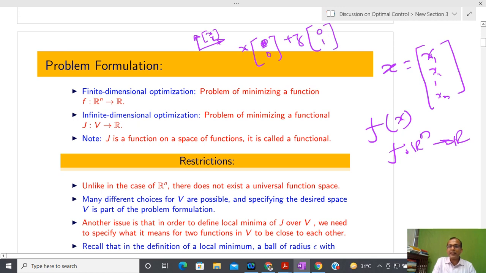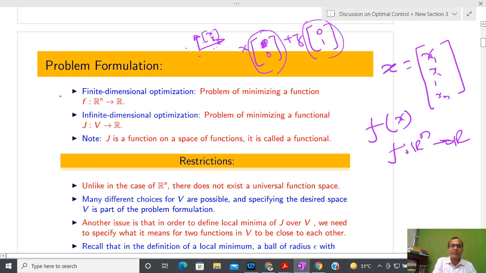I can represent any point in this space by just changing x and y. With the help of these two linearly independent vectors, I am able to span the whole space, and for that reason this is called two-dimensional space. Similarly, for xn, n vectors are required to span the whole space. Those independent vectors are called the basis.